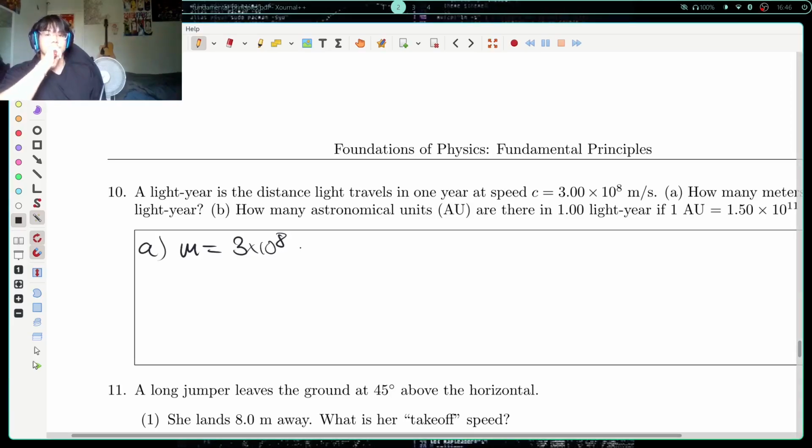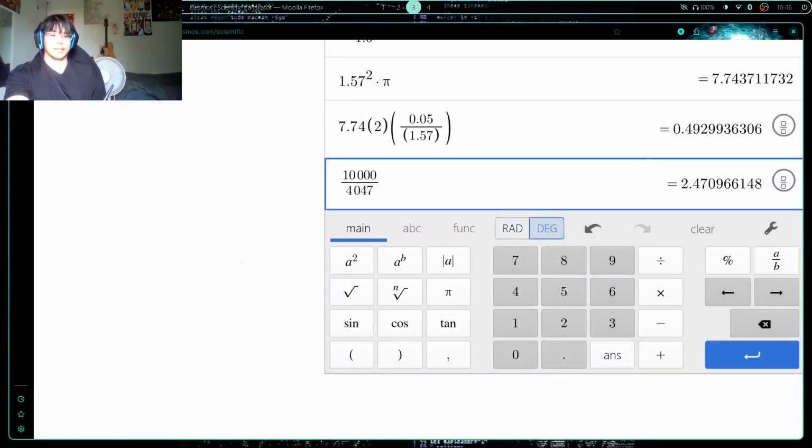Because this is a second, we will need to multiply it by 60, because there's 60 seconds in a minute, and then 60 minutes in an hour, and then 24 hours in a day, and then 365 days in a year. So let's just bring our calculator back.